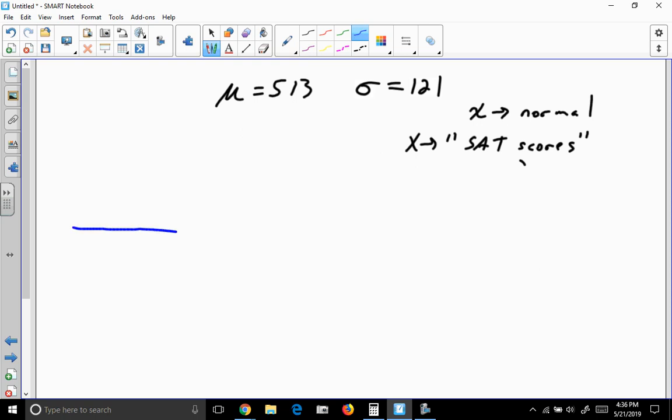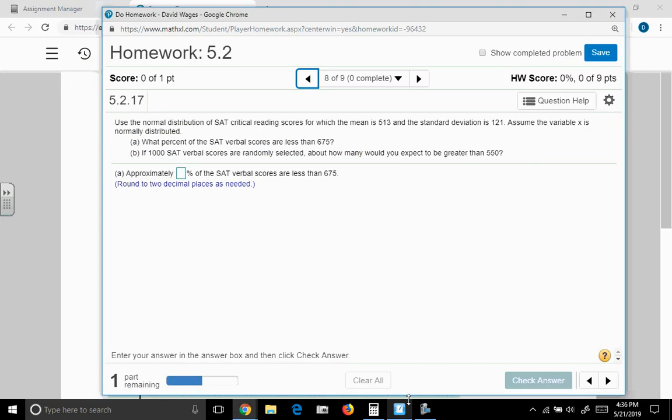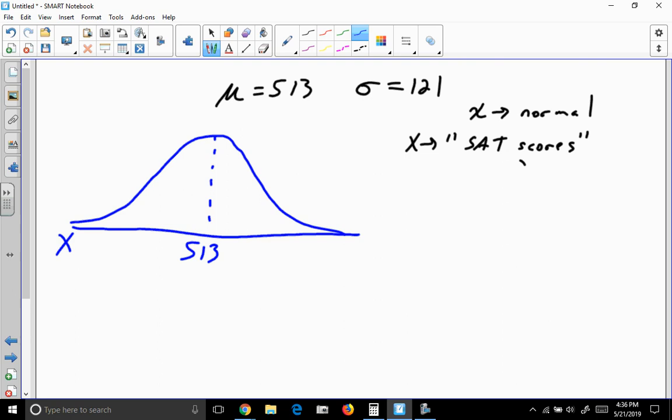We still have the same distribution, a normal distribution with a mean of 513 and a standard deviation of 121. This time we want to find out of 1,000 people, how many will score greater than 550? So 550 would be over here.